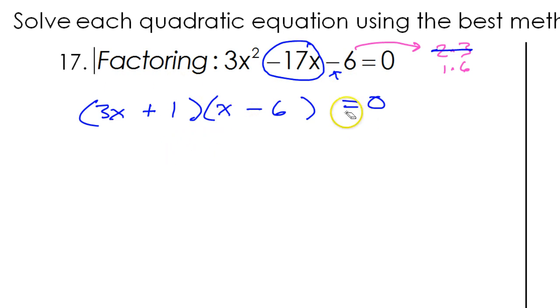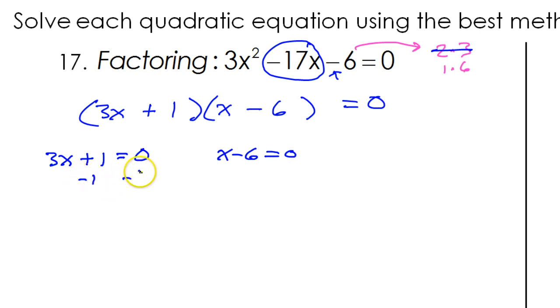But see the equal sign and the word solve? These are the clues that let us know that we're not finished. We're not just factoring, we are solving. So we need to find out what x is. The way we will do that is by taking these factors. If two factors multiply to equal 0, then the possible solutions come from setting these factors equal to 0. So 3x plus 1 might equal 0, or x minus 6 could equal 0.